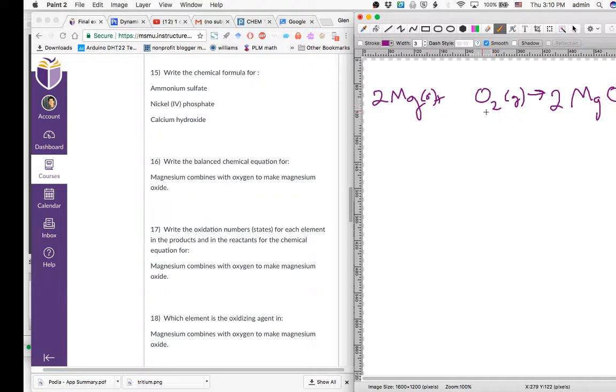How could you have known that the oxygen is O2? I expect that you already know that oxygen is O2 from doing problems, but just in case you don't, I will show on the exam. Anytime there is a substance that is given with no formula, and you are expected to know the formula, if it is not something for which you've learned the rules, for example, magnesium oxide, you know how to write the formula for magnesium oxide.